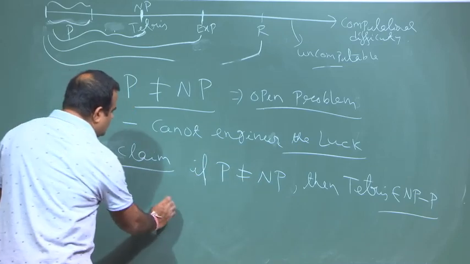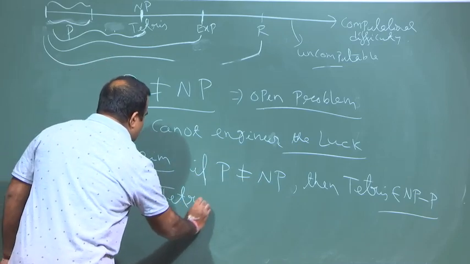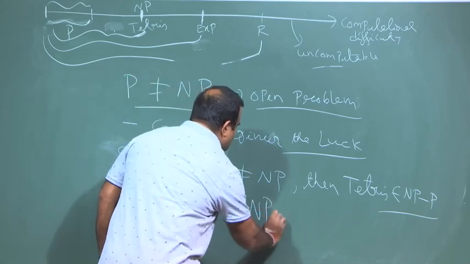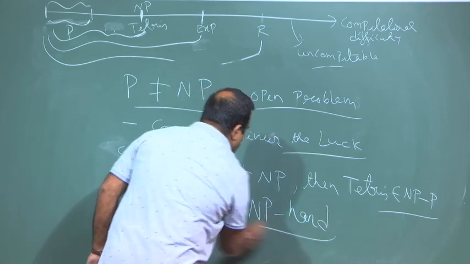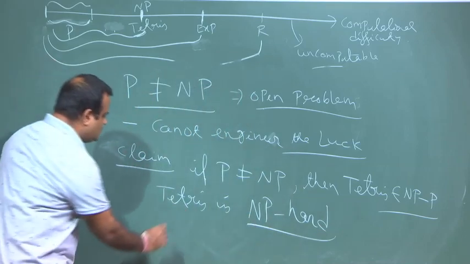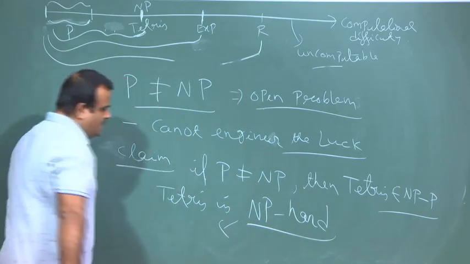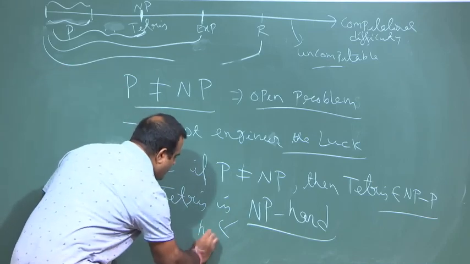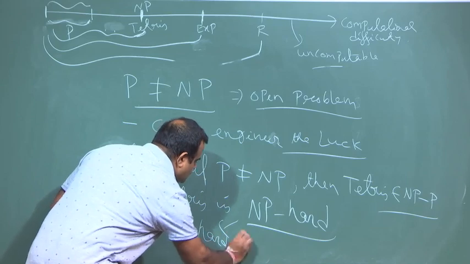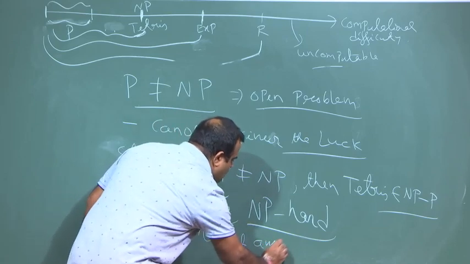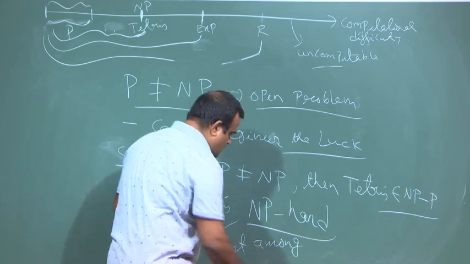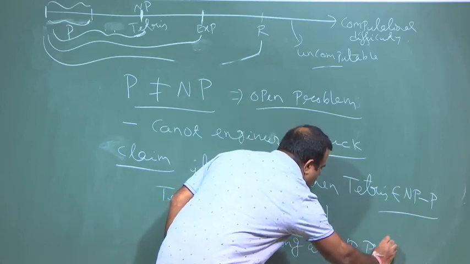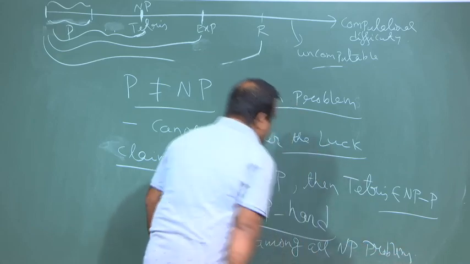So, Tetris is NP hard. NP hard means it is the hardest among all NP problems.